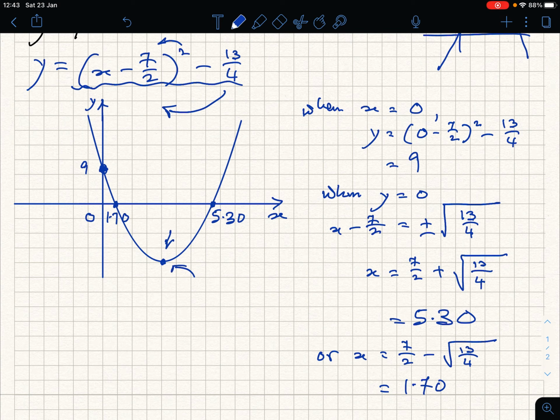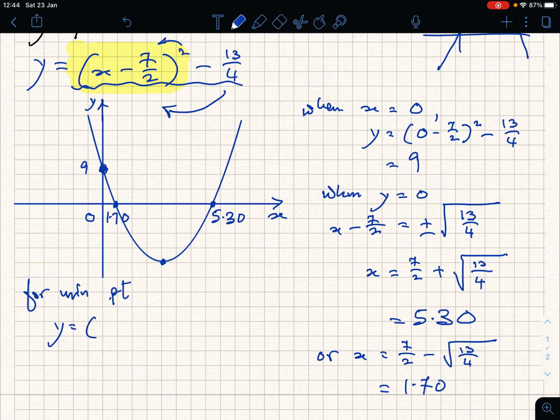Now the next one is the minimum point, right? Your turning point is a minimum point. For the minimum point, it's very important to know that whatever is inside our bracket here, the one I highlighted in yellow, must be 0.